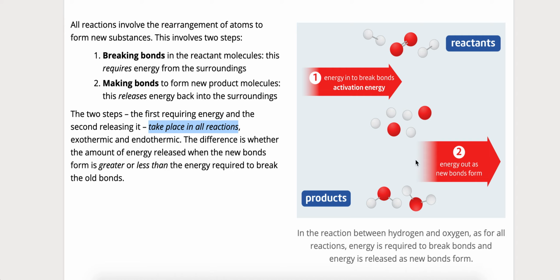Then we need to rearrange these atoms, and we need to create new bonds to form new products. As a result, we need energy to break these bonds. Then we need energy to remake new bonds in different arrangements. So this itself is a chemical reaction shown.